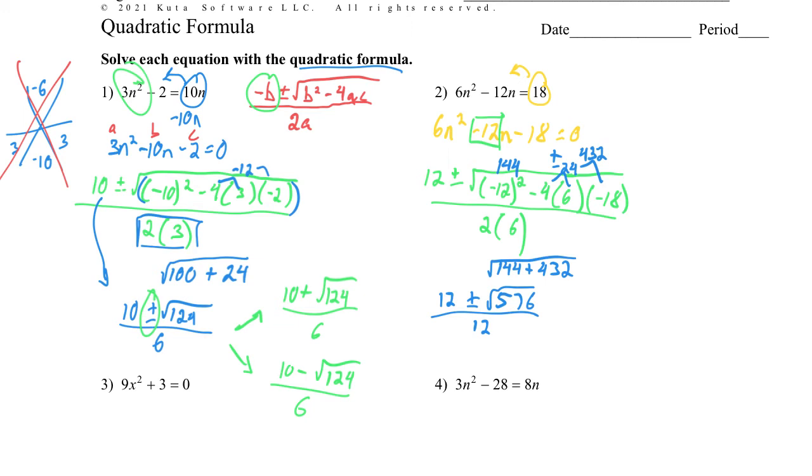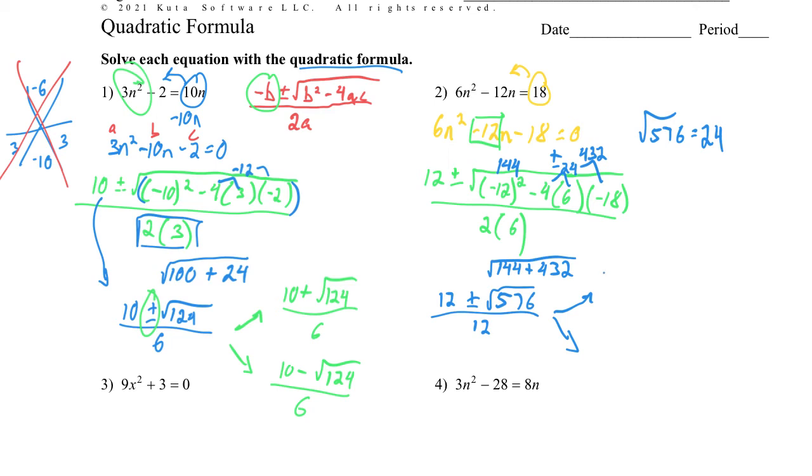Now, interestingly, 576 is actually a perfect square. So the square root of 576 is 24. So what that means is this one actually could have been factored, and then we do need to split it up into our two answers.